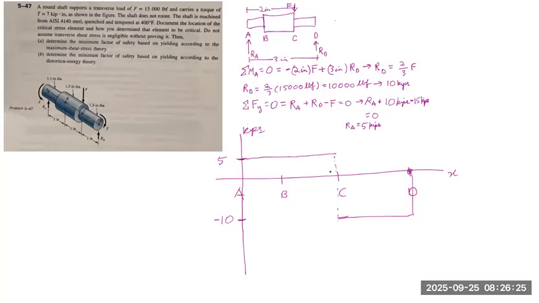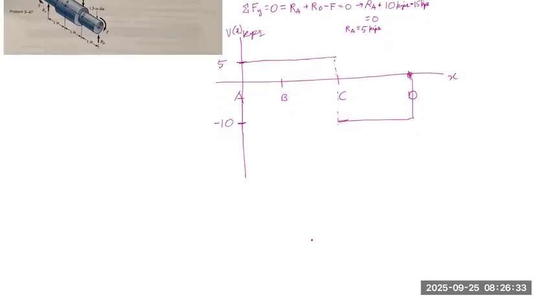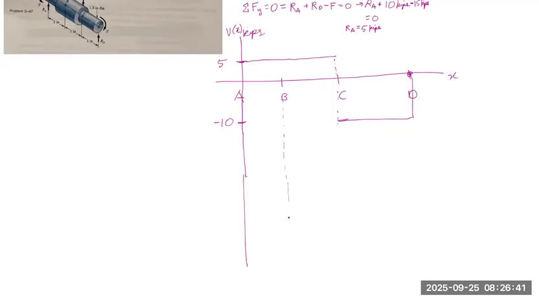Now we will draw the bending moment diagram, and don't forget to label your diagram V(x). So our bending moment diagram will be continued here, and often it is helpful to draw these lines downwards.